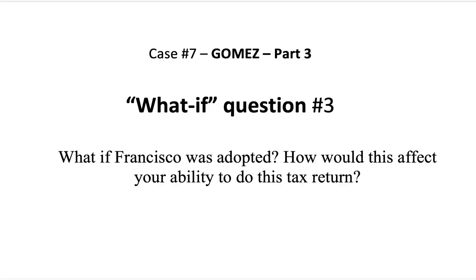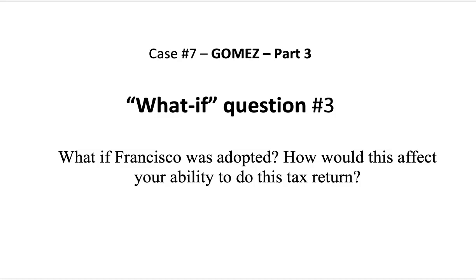Question 3, what if Francisco, the new baby, was adopted? How would this affect the ability to do the tax return? Well, there is an adoption credit in the tax code, and there is an adjustment for adoption expenses in the tax code, and both of those are out of scope.